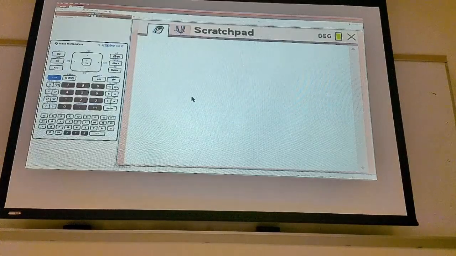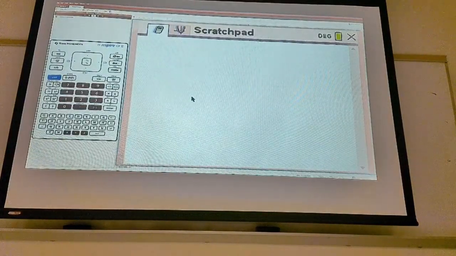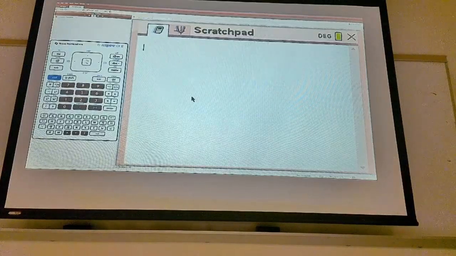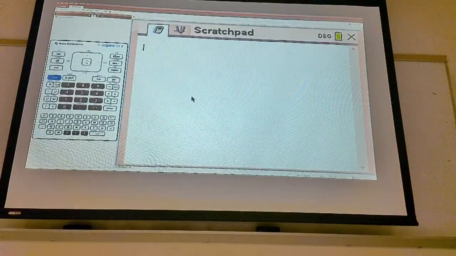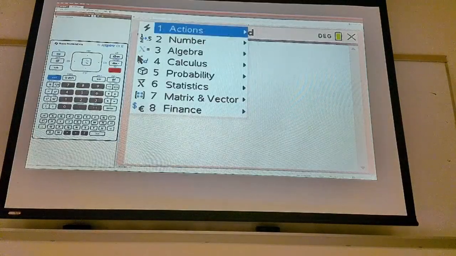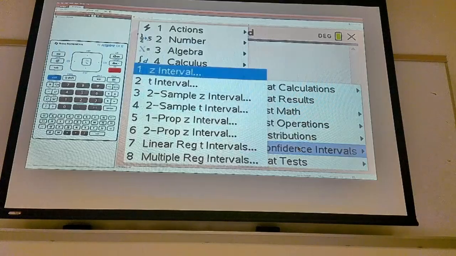On a calculator, you can also find confidence intervals on a statistics calculator. The way you do it is obviously going to be different than mine, unless you have the one I recommend. If you go to statistics, there should be an option for confidence intervals, and they're going to have several options.